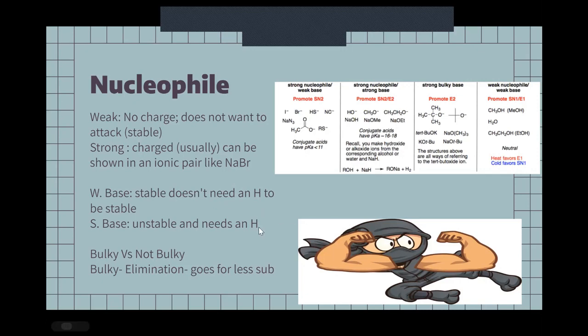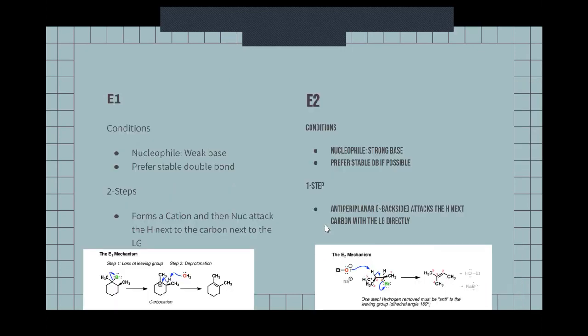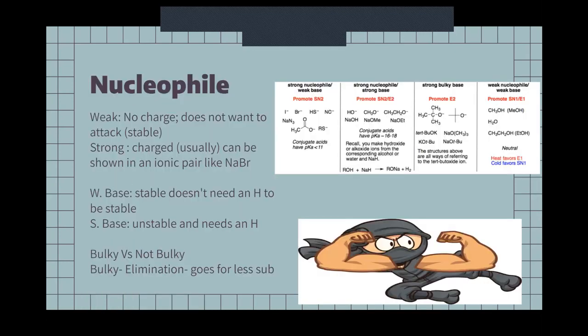So let's talk about this bottom thing. Bulky versus not bulky. Remember how in E1 and E2, it prefers to form the stable double bond if possible. In some cases, you have a very bulky base for elimination. Basically, like a ninja, it's very big.